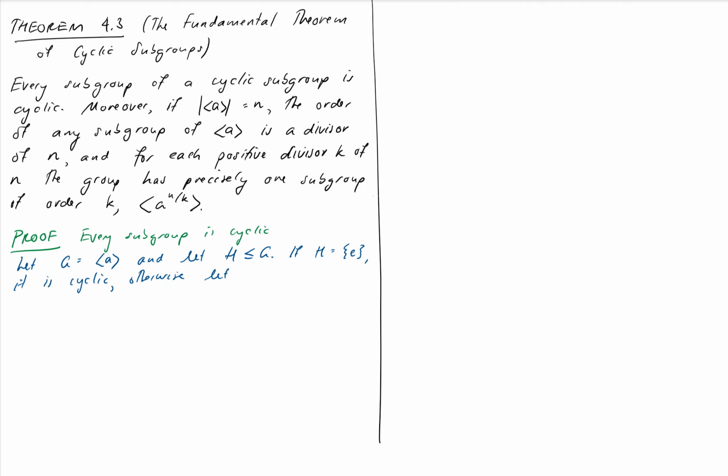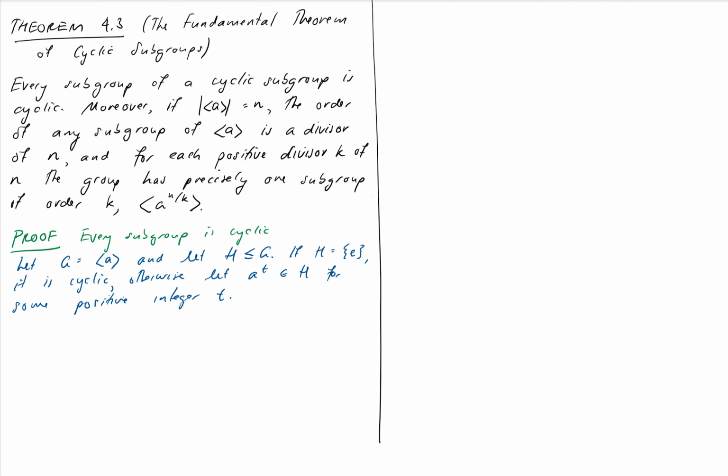Let a^t be a member of H for some positive integer t. Okay, we know G is a cyclic group which is composed of the powers of a from the identity up to a^(n-1).